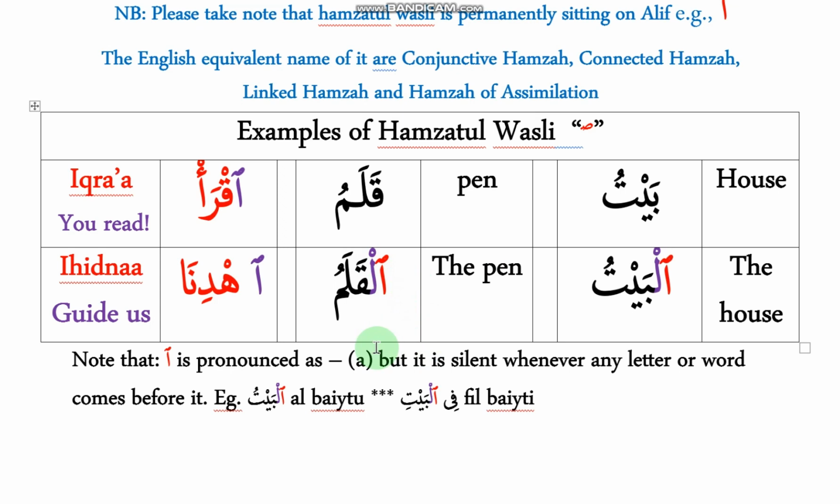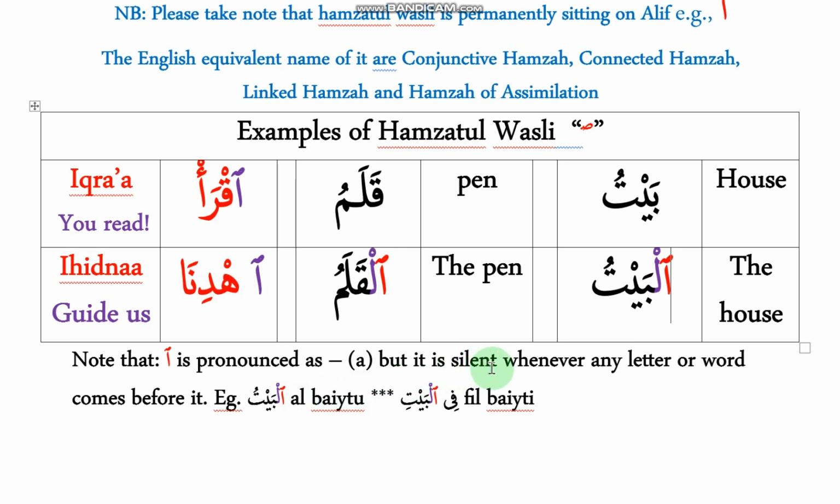If any word precedes it, note that Hamzah al-Wasli is pronounced as a, or as the case may be. For instance, here it is pronounced as e. Likewise here, particularly when it is used for command. And sometimes it may be u.